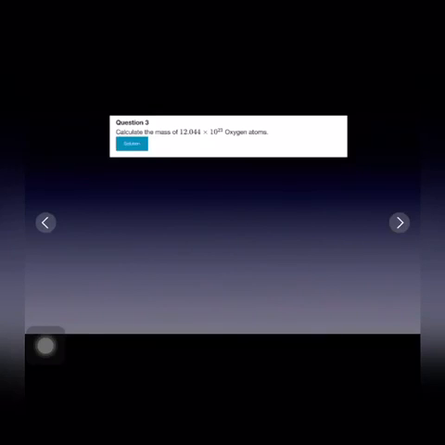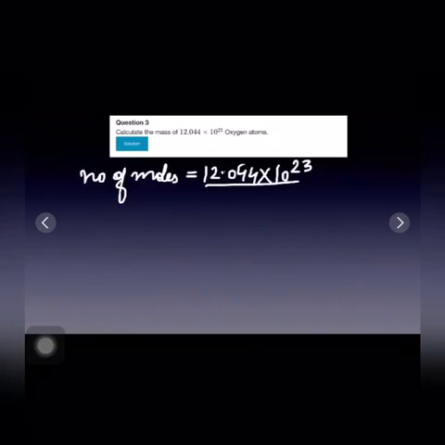So firstly, to calculate the mass we should know the number of moles, and number of moles is equal to given number of particles, which is 12.044 into 10 raised to the power 23 upon Avogadro number, which is 6.022 into 10 raised to the power 23. So we get number of moles as 2.